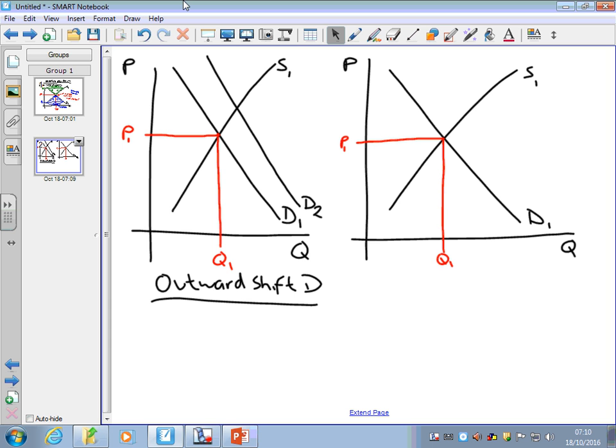If we were to go off the original market equilibrium price of P1, what we've now got is supply at Q1 but demand's at Q2. So what we've got here is excess demand. Basically the demand is now bigger than the supply at P1.